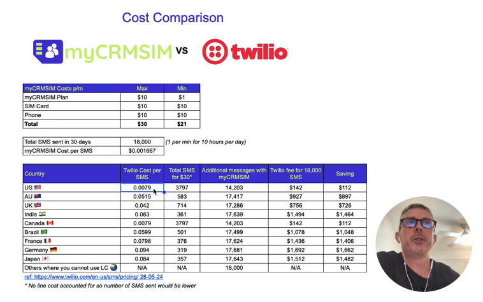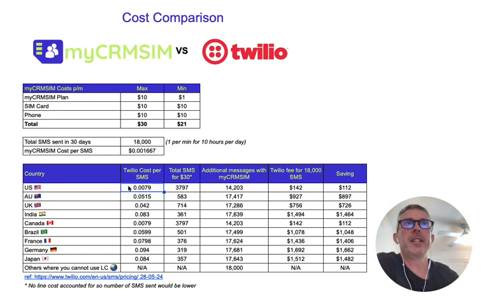So if we look at the US, it's just under a cent, 0.008 of a dollar to send one SMS. And what we haven't counted here, because we're trying to be as fair as possible, is that there are line costs as well. You have to pay a line cost in most countries. I do know in Australia it's around about $6 a month, which would come out of the fees that you're paying, giving you less money to spend on SMSs. But we're just going to work this out on a per SMS basis for that same $30.